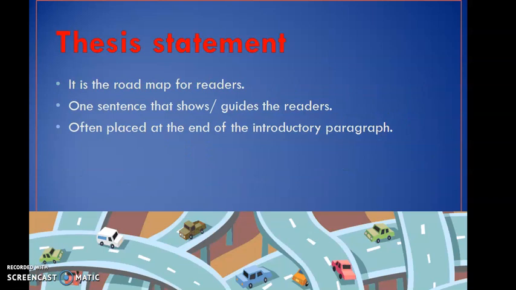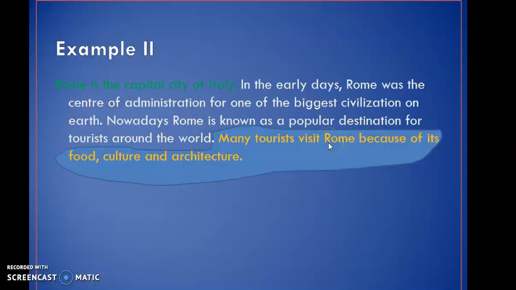So, a thesis statement is like a roadmap for readers. What is it? It is a sentence that shows or guides the readers. And you can often find the thesis statement at the end of the introductory paragraph. Now, let's take a look at this example.